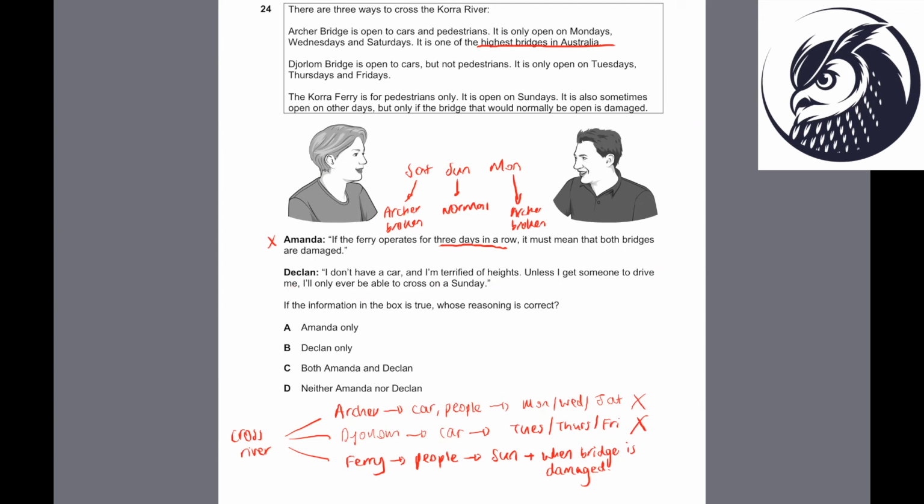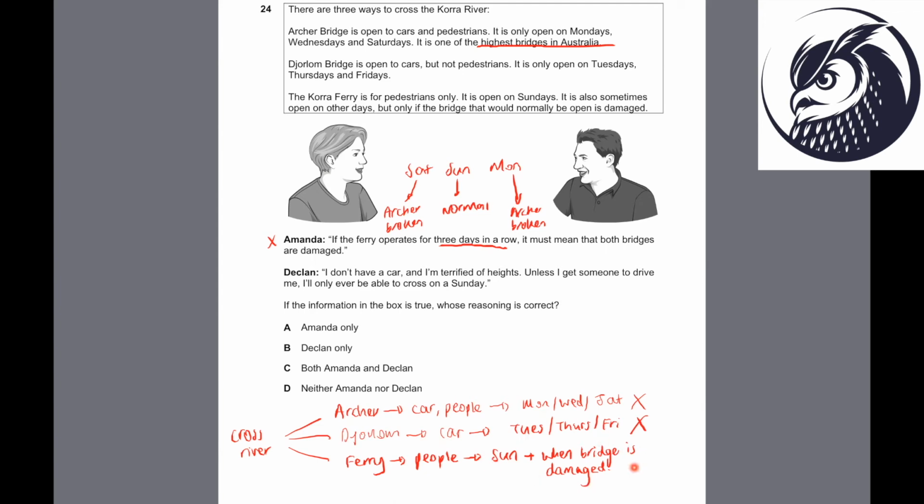cross on a Sunday. So we already know that Declan can't go across the Archer because the bridge is very high and he's scared of heights. He can't go across the Jordan because he doesn't have a car. And so that means he must go via the ferry. And if he goes via the ferry, he believes that he can only cross on Sundays. But is that true, guys? We know that the ferry might also operate when the bridge is damaged. So it's not always going to be on a Sunday that he can cross.